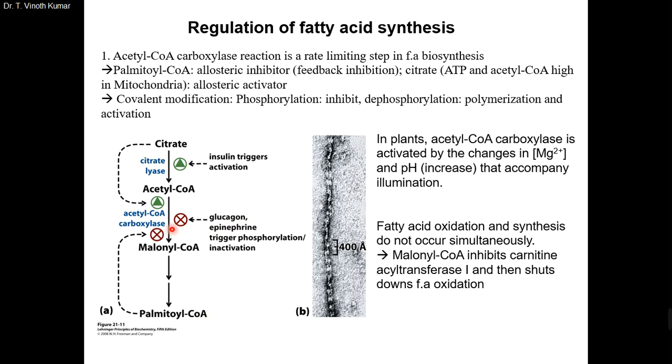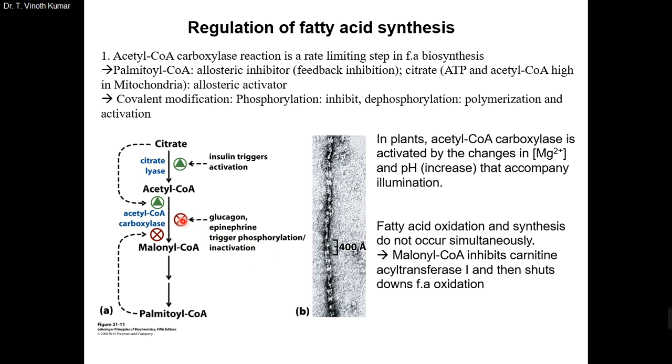That means if the glucose concentration is less, the body has to produce glucose from non-carbohydrate sources. That is why citrate will not be metabolized into malonyl coenzyme A. This is blocked. If the glucose levels are very low and glucagon is induced at that time, it will inhibit this reaction. And epinephrine triggers phosphorylation and also inactivation of this enzyme.